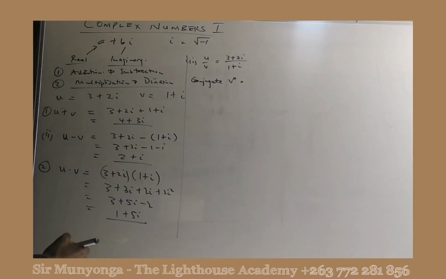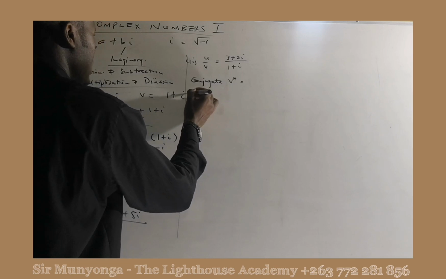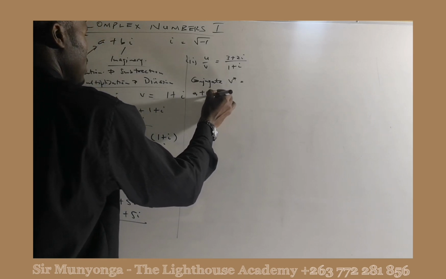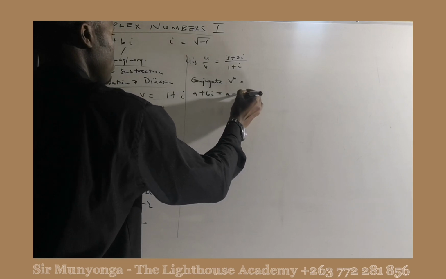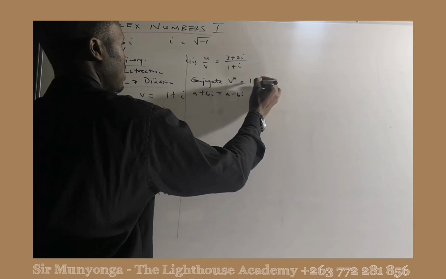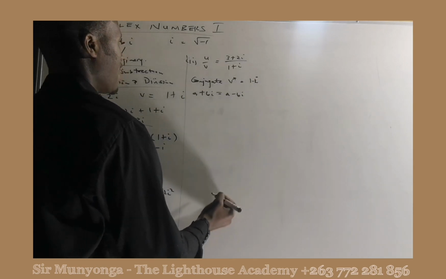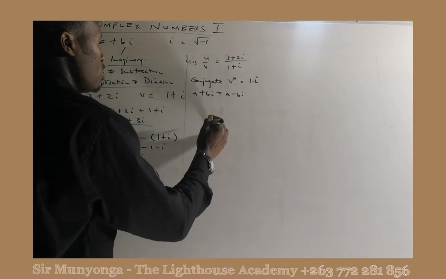So the conjugate of any complex number, in general, when you are given a plus bi, the conjugate will be a minus bi. So the conjugate of v will be 1 minus i.